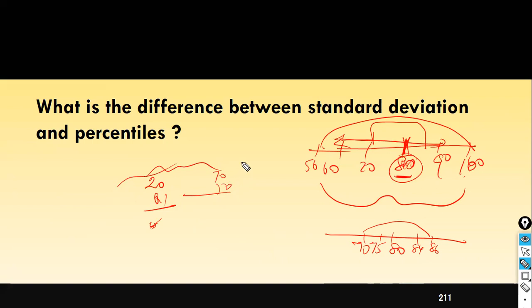So percentiles focus on the relative position of the values, and you can find out which data falls in which location in your data set. With standard deviation, we want to understand the spread, how far the values deviate from the middle value.